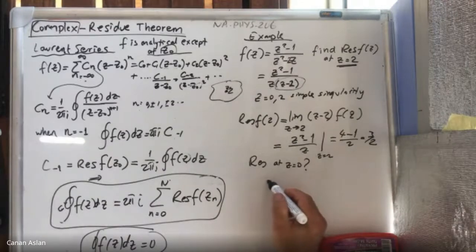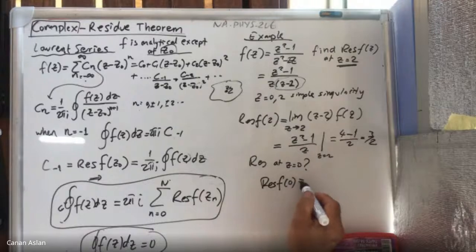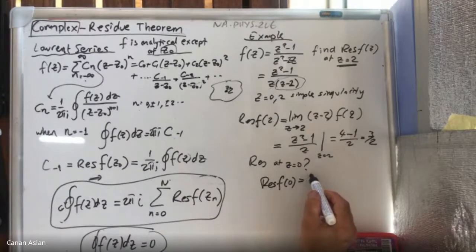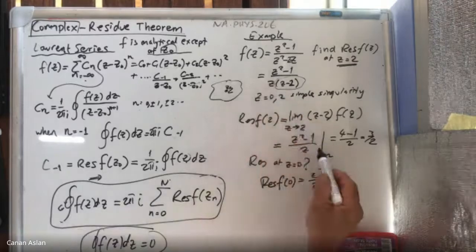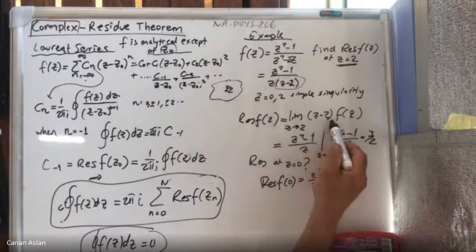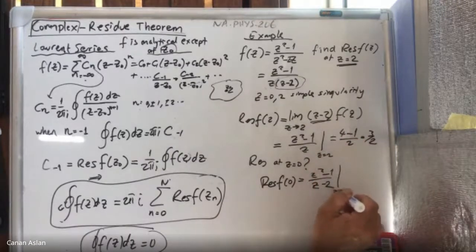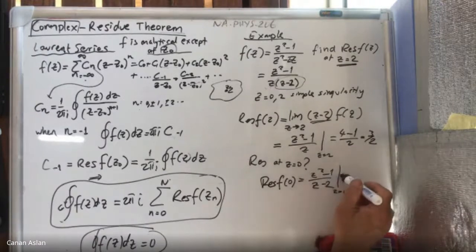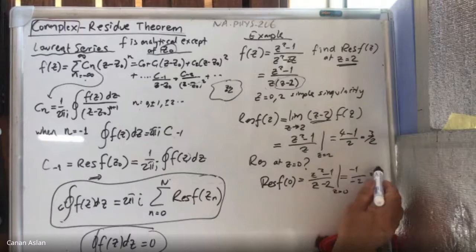The residue at z = 0 is simply given by (z² - 1)/(z - 2), because this z is cancelled from the product, just like z - 2 before, and then we set z to 0 in this expression. So it will be just -1 divided by -2, which is 1/2.